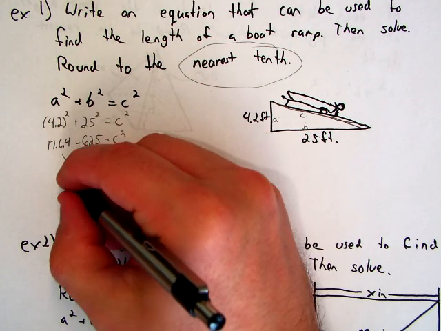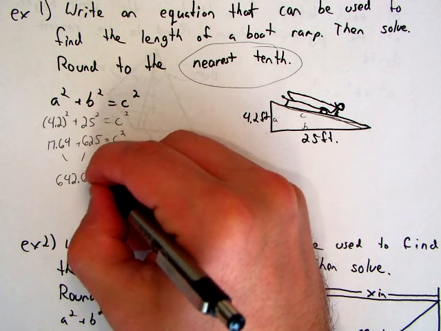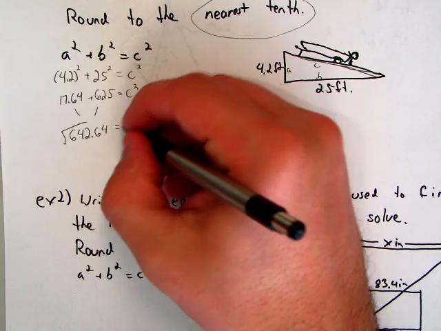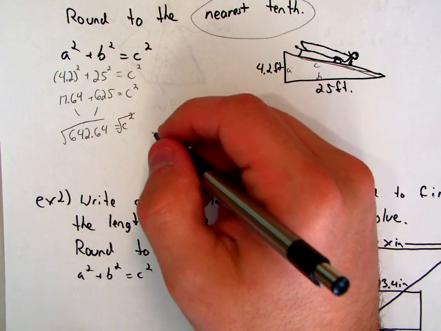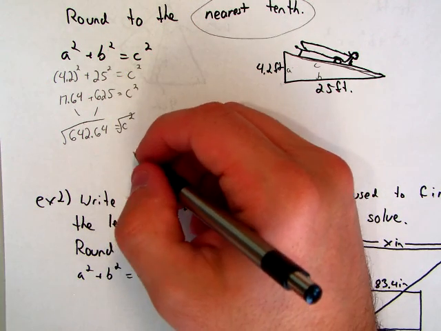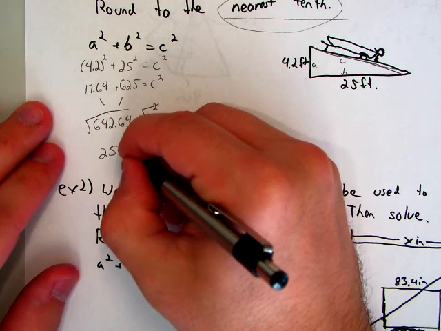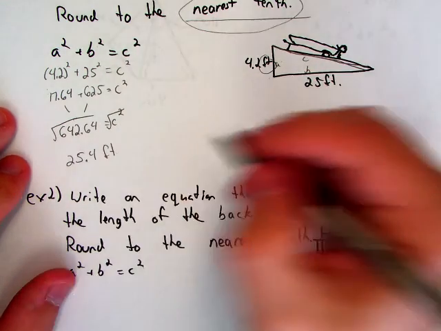If I add these two numbers together, I get 642.64, and that equals C squared. I then need to take the square root of this, and if I do that, I get 25.35, rounding to the nearest tenth, so 25.4, include units, feet.